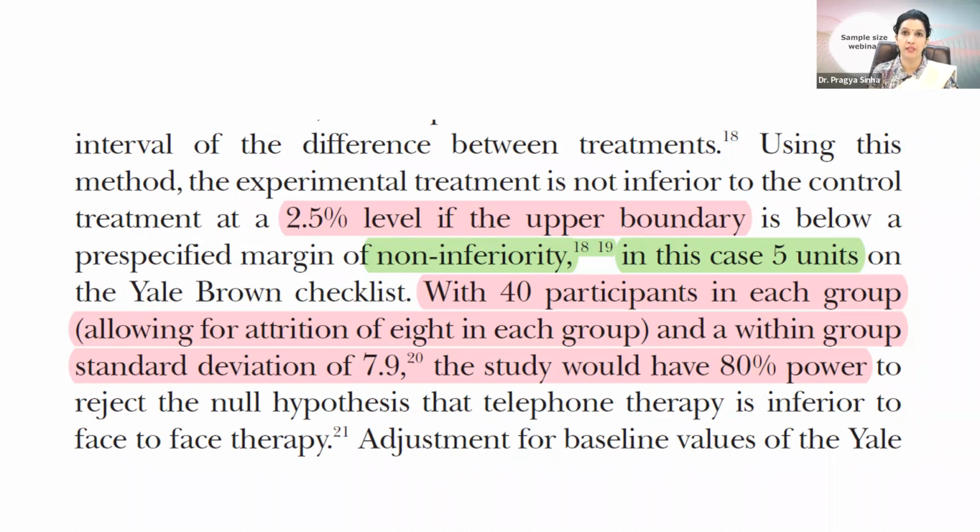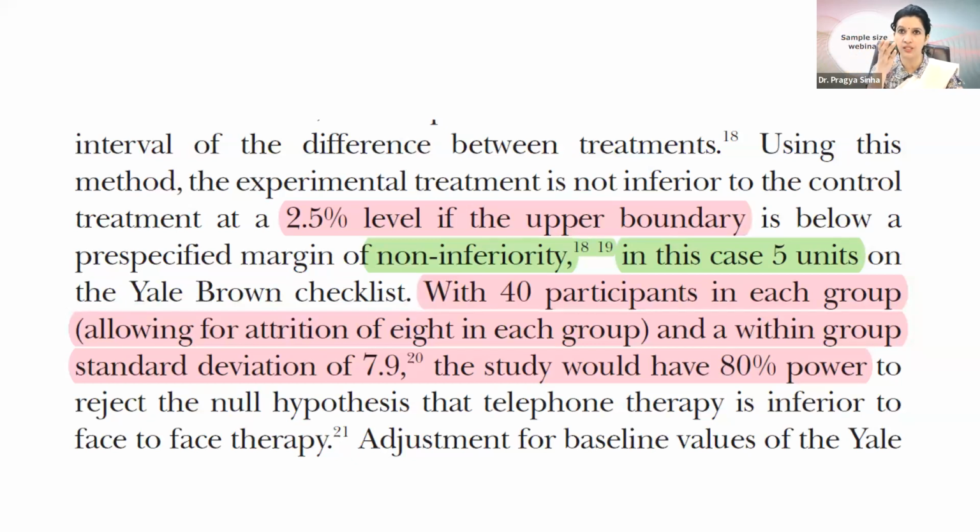Again, they have kept it at 2.5% alpha level and below a pre-specified margin of non-inferiority. So this non-inferiority margin, they have kept as 5 units. That means even if they are scoring 5 more than the existing one, this will be considered non-inferiority. So they have calculated the sample size.